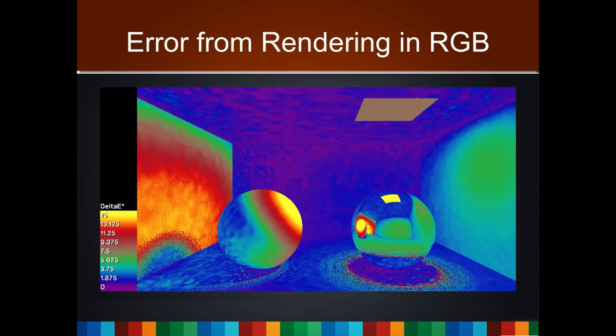If we do a straight RGB rendering and compare it to a hyperspectral rendering at whatever maximum samples, I think it used 81 or something, we get this kind of a delta E plot showing that we have errors as high as 15 or so, which is strongly visible.